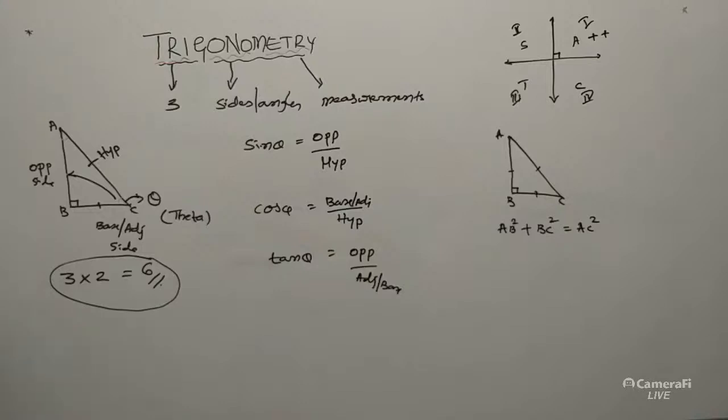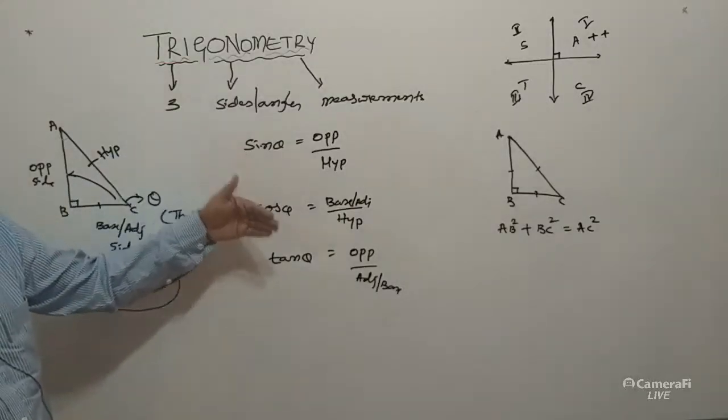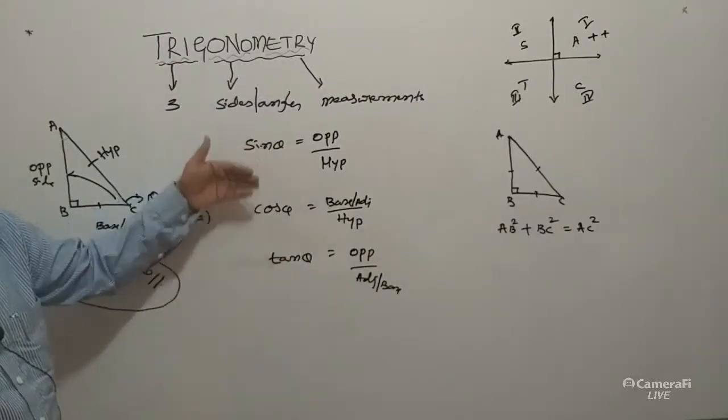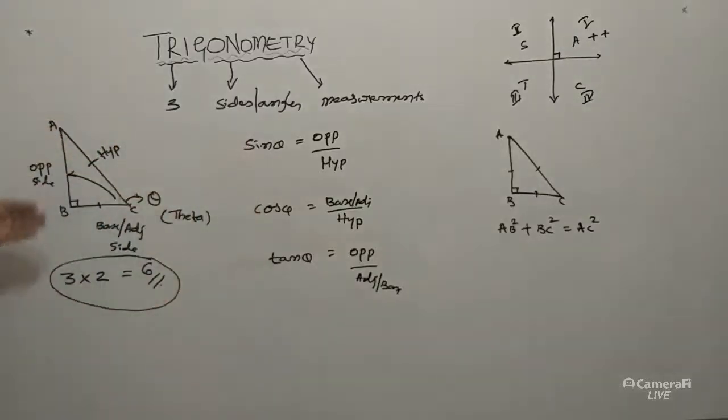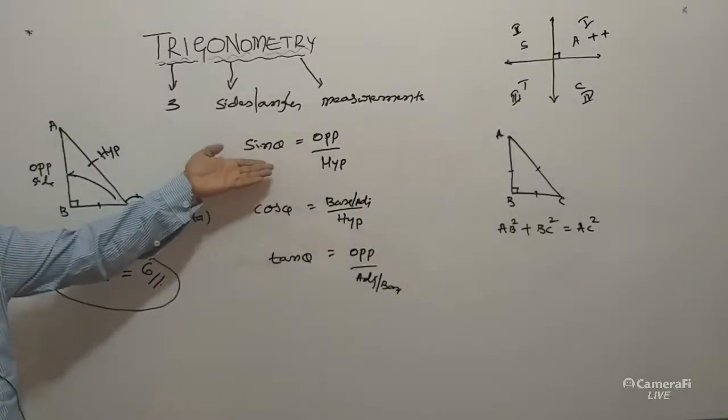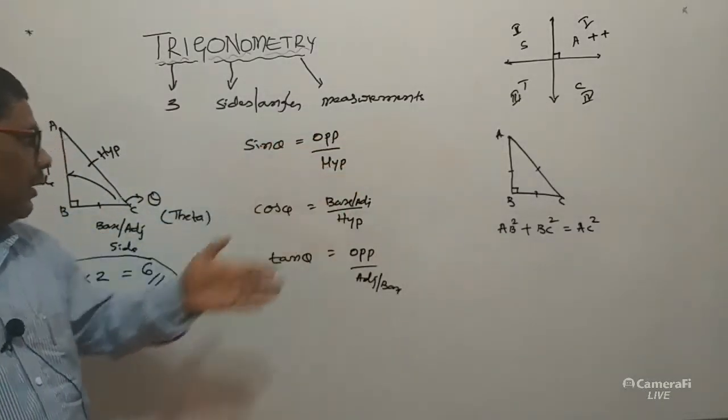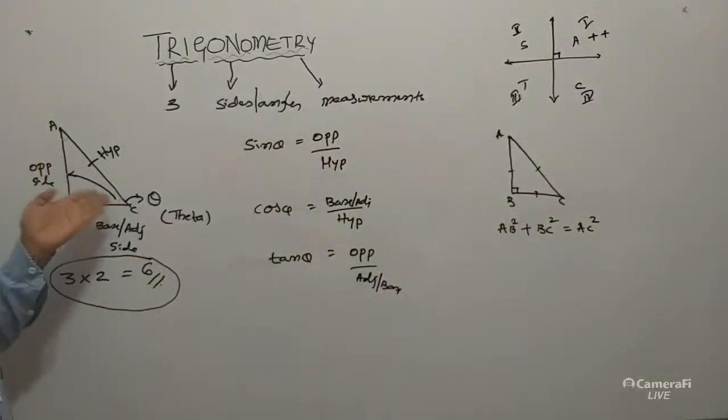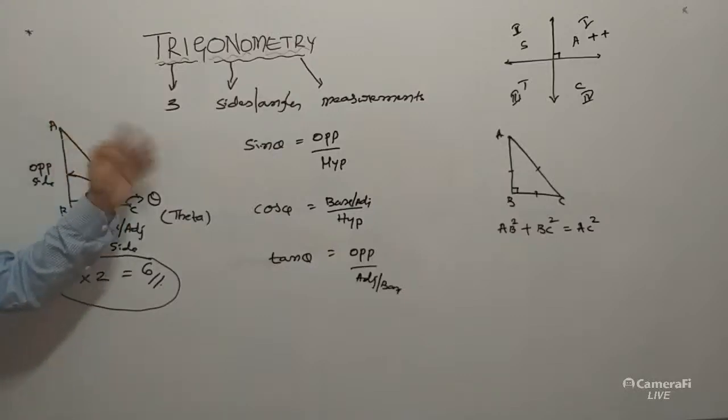Look at now the sine, the cos, the tan. These trigonometric words were introduced by mathematicians. Later on it went on to all six trigonometric ratios. So here, the sine is nothing but the opposite by hypotenuse, the opposite side where theta is, the base angle, its opposite side divided by the hypotenuse.